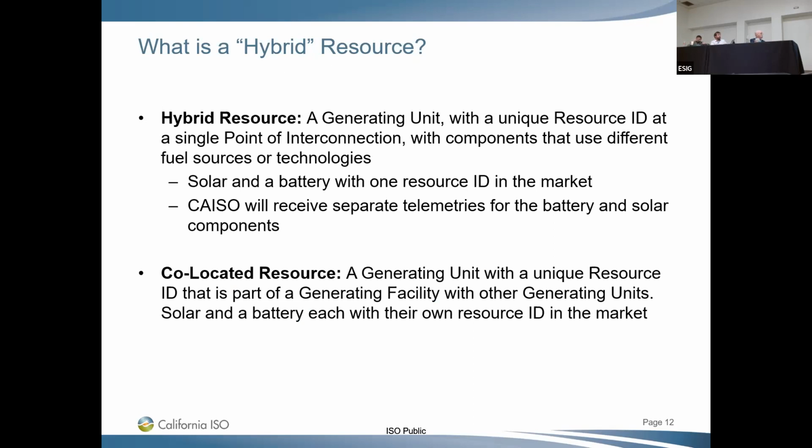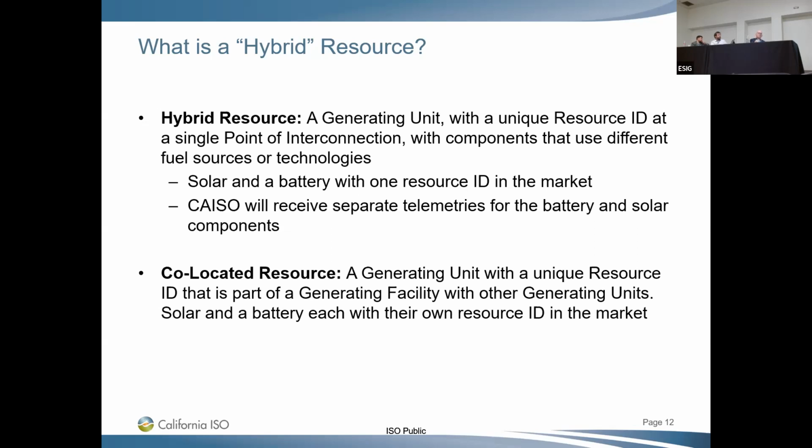So a combo of a solar and a battery with one resource ID. That resource ID is the one that's participating in the market. We still get separate telemetry information. It's a requirement for us to get separate telemetry information for the hybrid. So we still have visibility to the solar resource's output, the battery resource's output as a requirement.